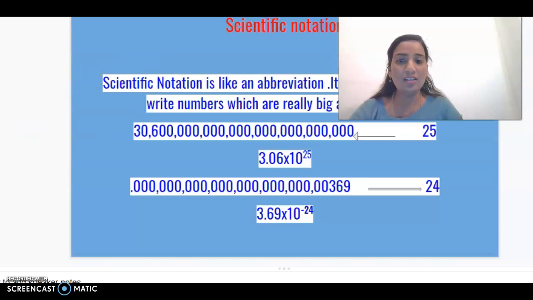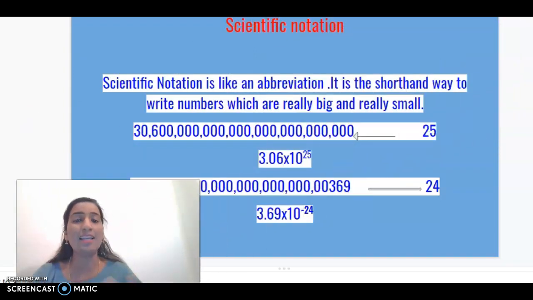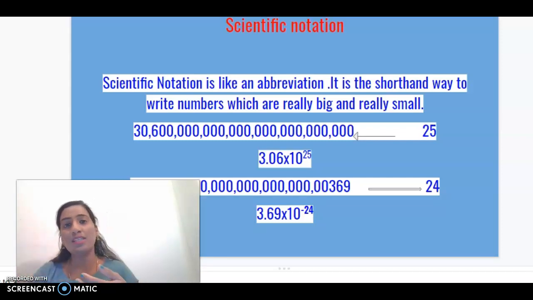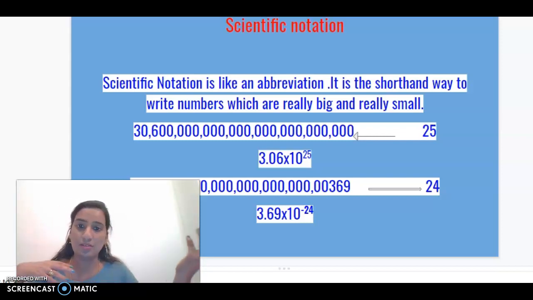Scientific notation is like an abbreviation, a shorthand way to write numbers which are really very big and really very small.